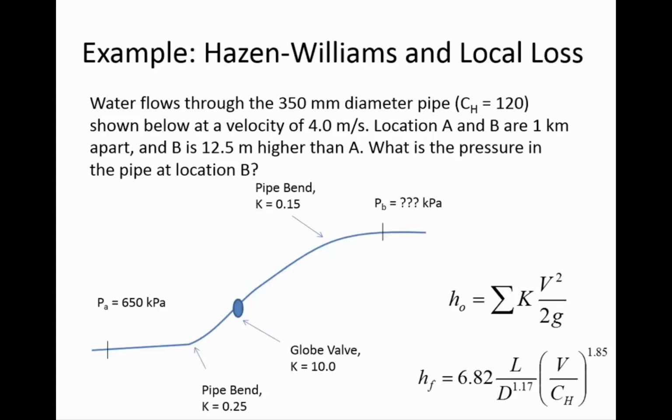If you had different diameters and different velocities, then you'd have to keep track of it separately. But in this case, this summation term means that if you've got the same velocity for all 3 of those local losses, you can just add up the K values and then multiply that summed up K value by the velocity head one time. So we use this to calculate the effect of the local losses, and here is the Hazen-Williams equation expressed in terms of energy loss due to pipe friction.